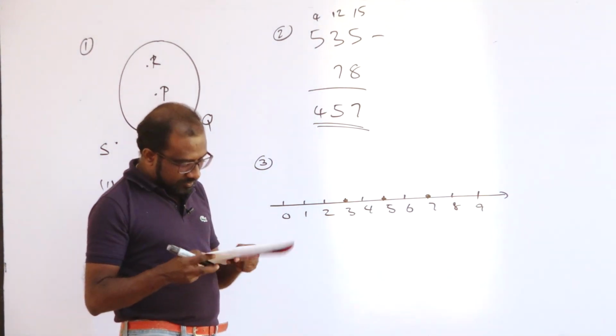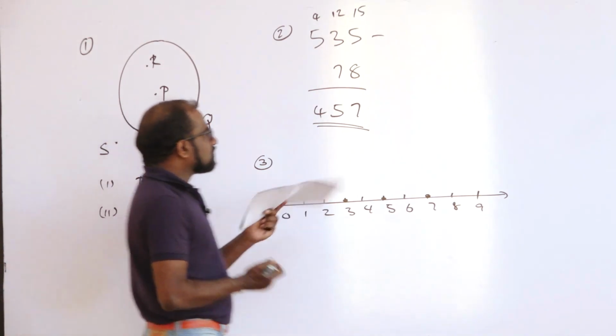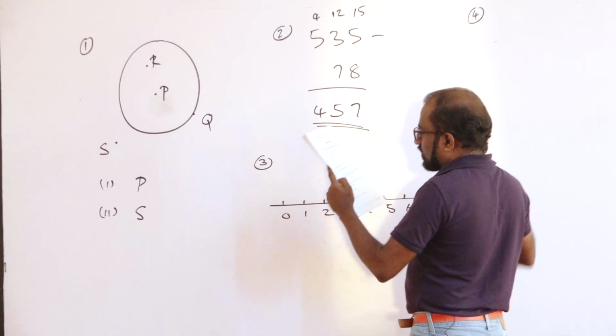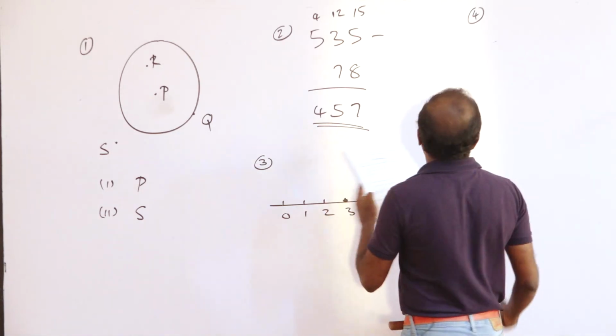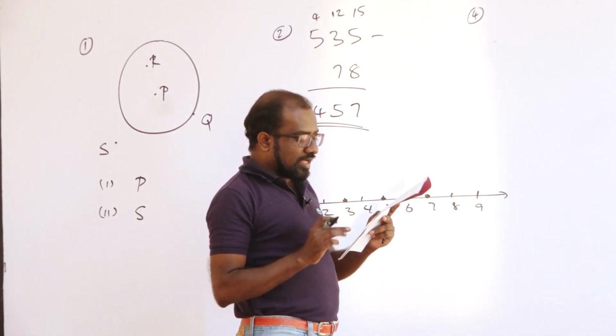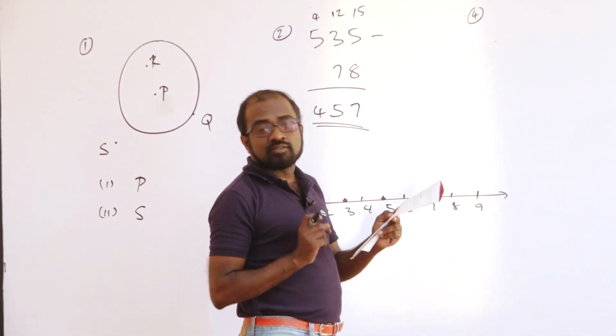Understood? Right. Fourth question. A number is given. I have given you the number name with a small mistake.